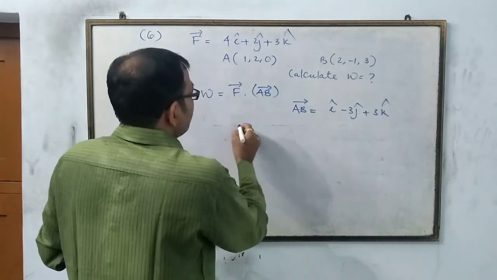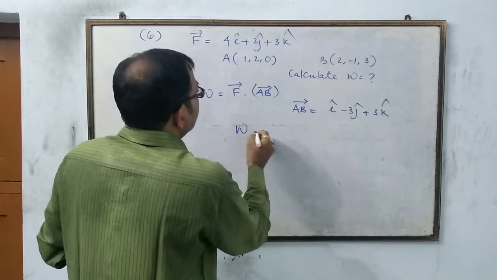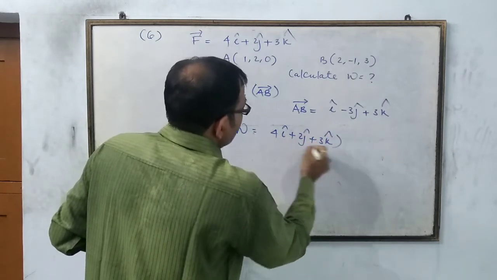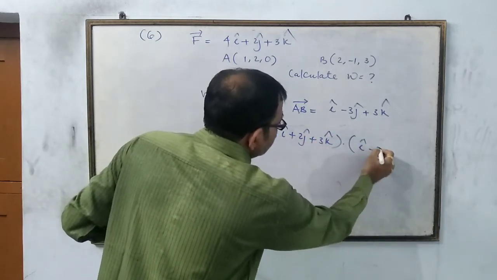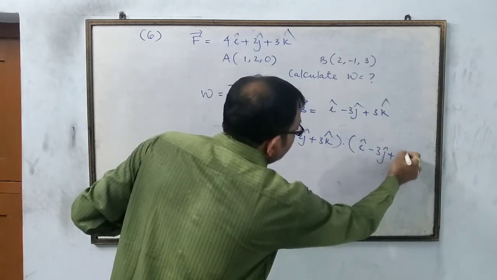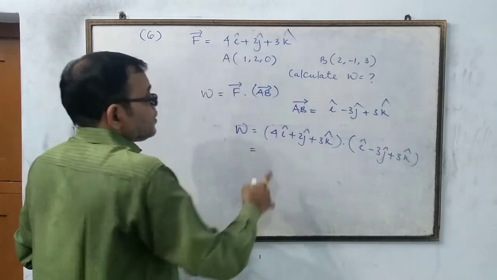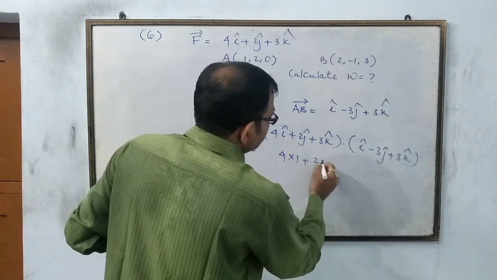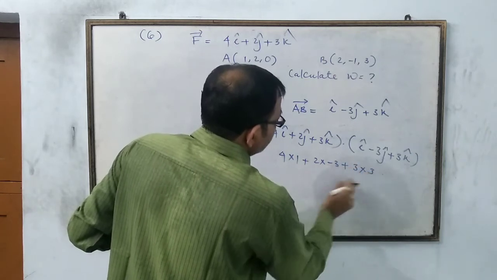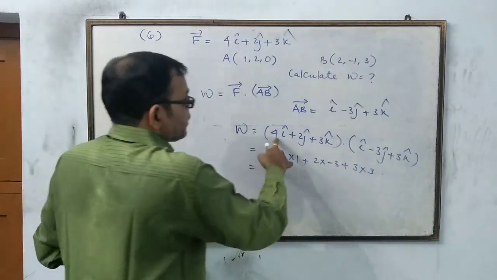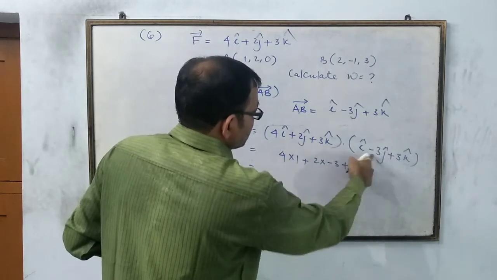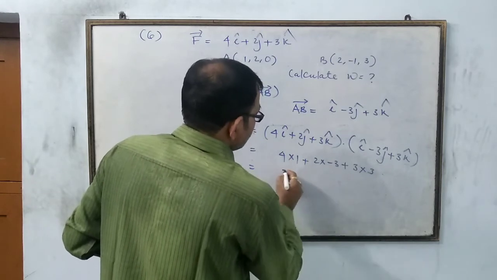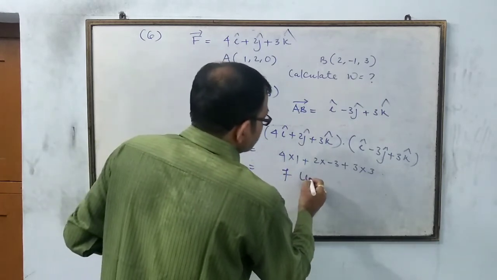Work done equals force dot AB: 4I plus 2J plus 3K dot I minus 3J plus 3K. That is 4 into 1 plus 2 into minus 3 plus 3 into 3. 4 into 1 is 4, 2 into minus 3 is minus 6, 3 into 3 is 9. 9 minus 6 is 3, plus 4 is 7. So the work done is 7 units.